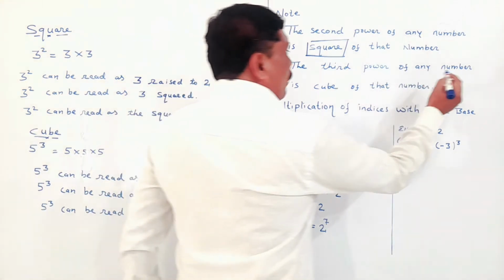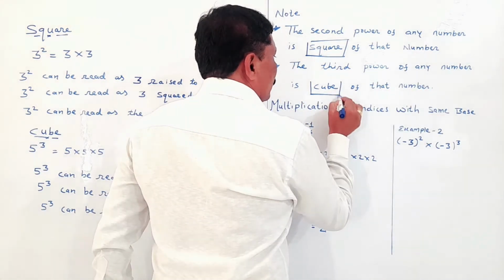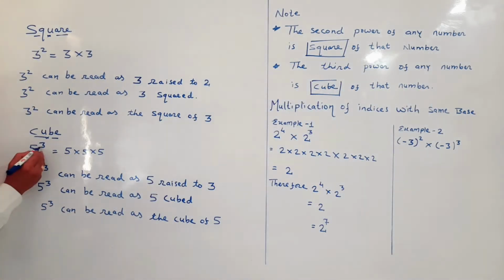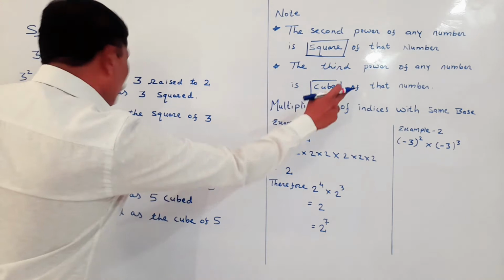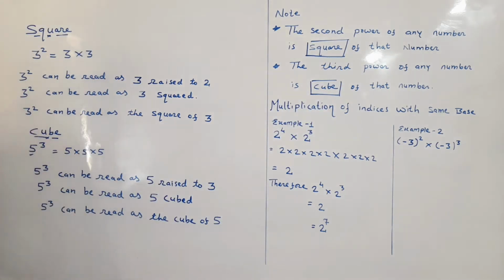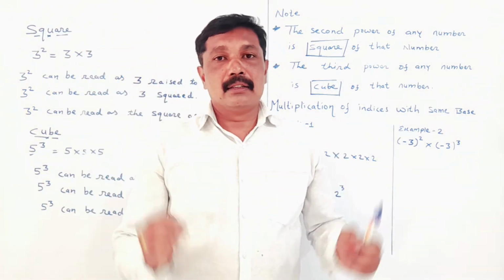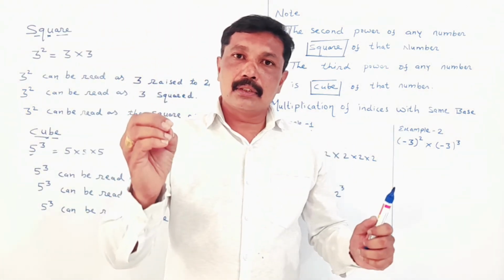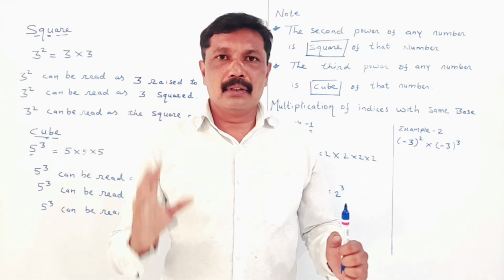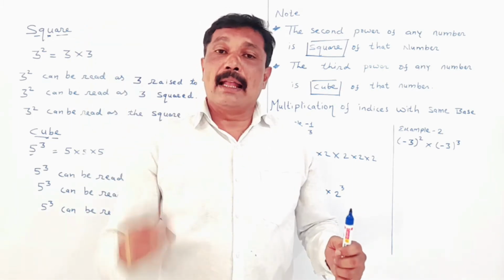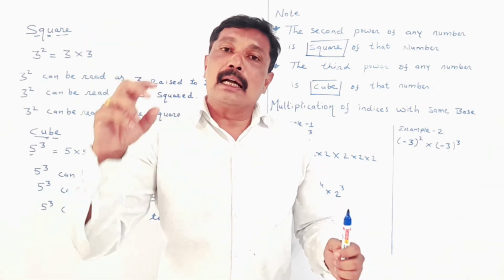The third power of any number is the cube of that number. Here, the third power of 5 is the cube of 5. Now, my dear student, here we have learned the terminology, that is square and cube. The square is related to the index 2 and cube is related to the index 3.